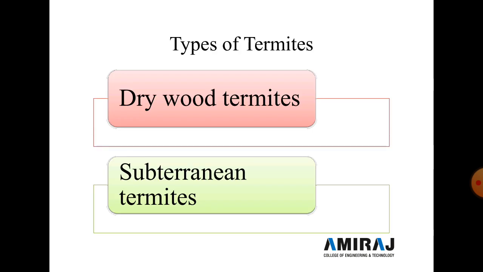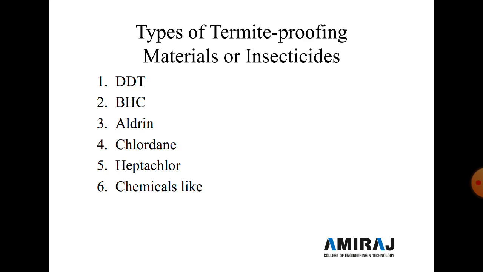In the next slide, two types of termites are given. First is dry wood termites, and second is subterranean termites. So what is a dry wood termite?